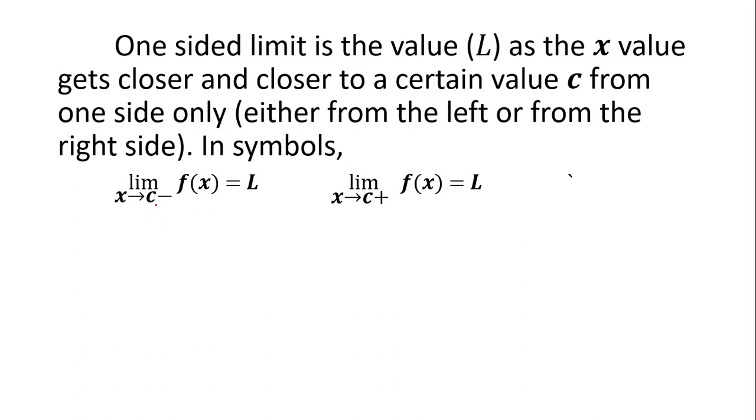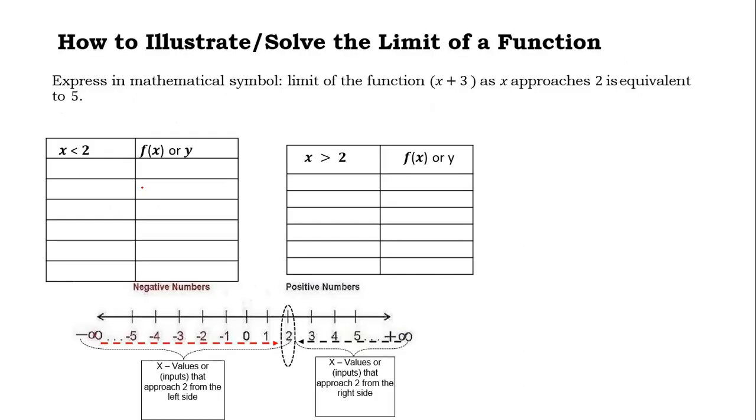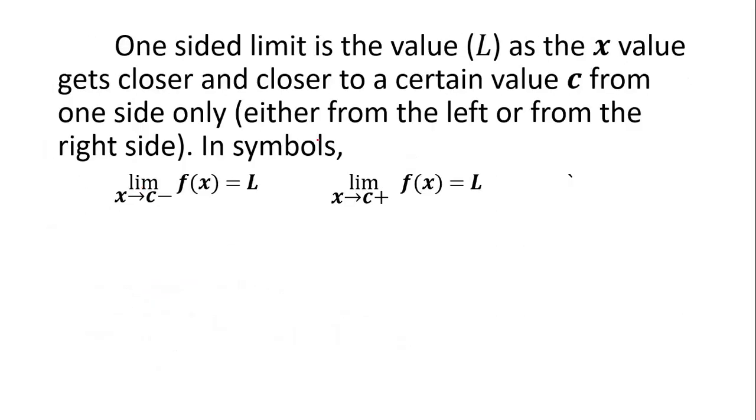For example, if x approaches 2, when I say negative values, what are the values to the left of 2? We have 1.5, 1, 0, negative 1. In that way, we can see the left side value, or the negative value, of the approach to c.